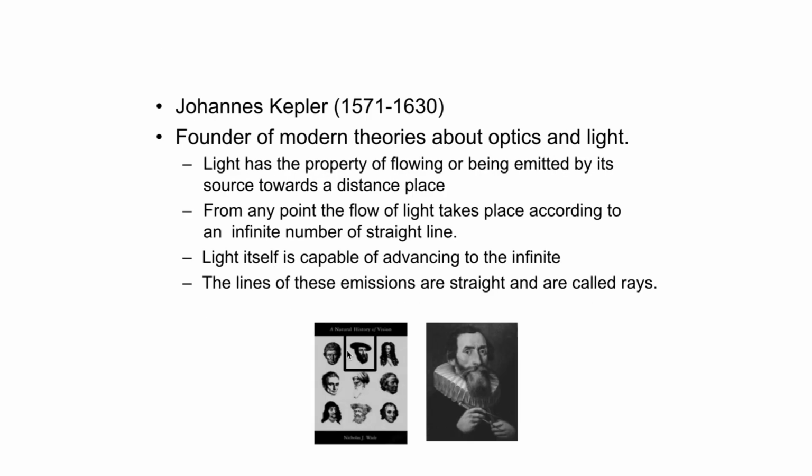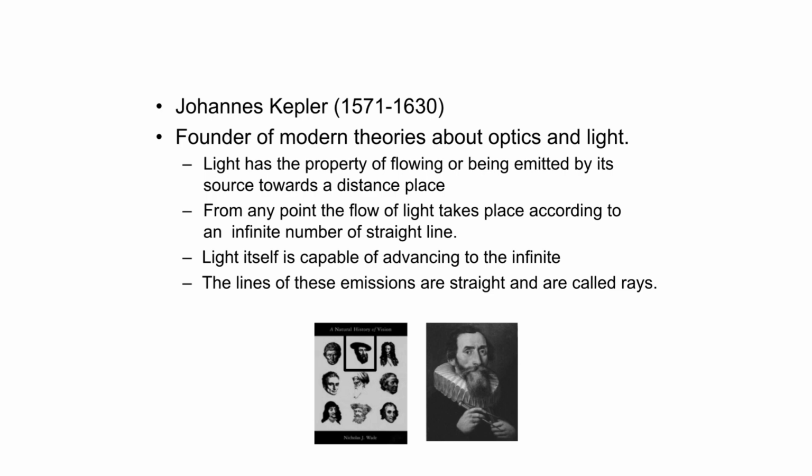The other important philosopher and researcher who lays the foundation for modern theories of optics and light is Johannes Kepler. He says light has the property of flowing or being emitted by its source towards a distant place. So he is an intromissionist. That means he believes that light originates and is emitted towards the human eye from external objects.